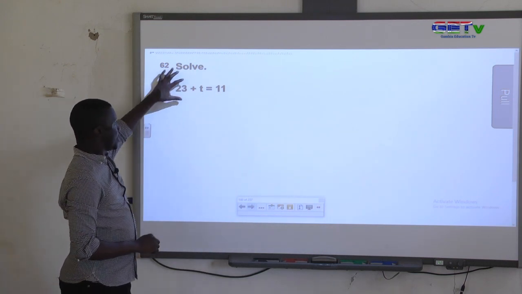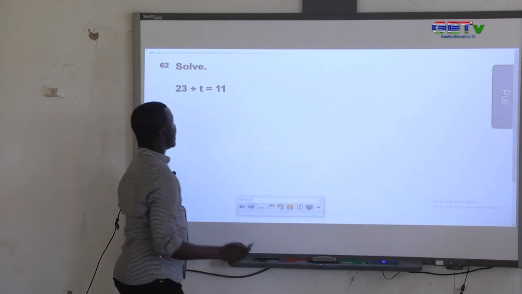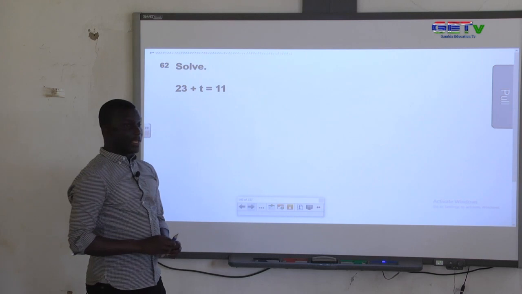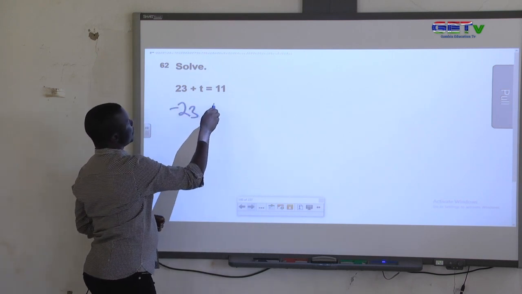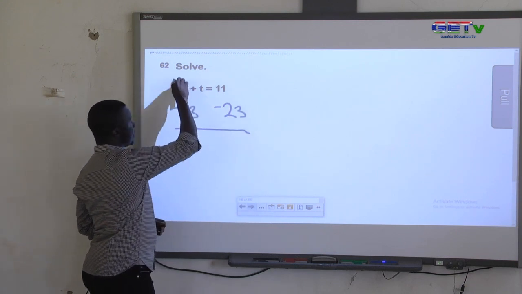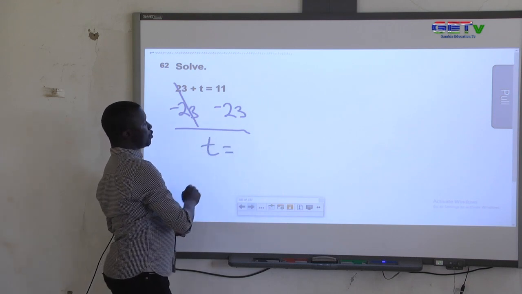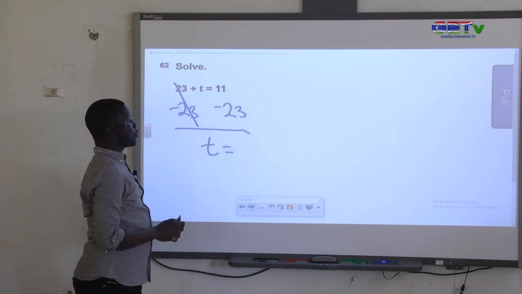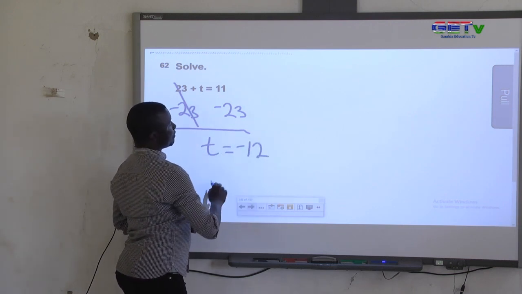This 23 being a positive number, the inverse of addition is subtraction. So we are subtracting 23 from both sides. And this will undo it. So we have t equals 11 minus 23. Our answer is negative 12.